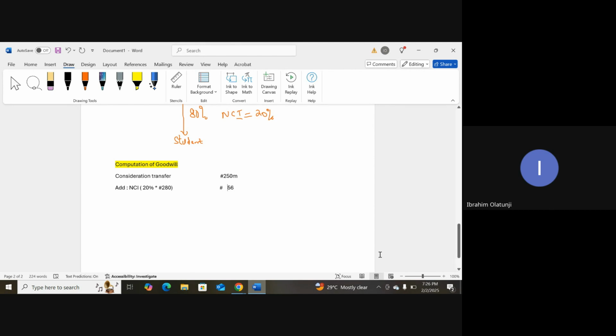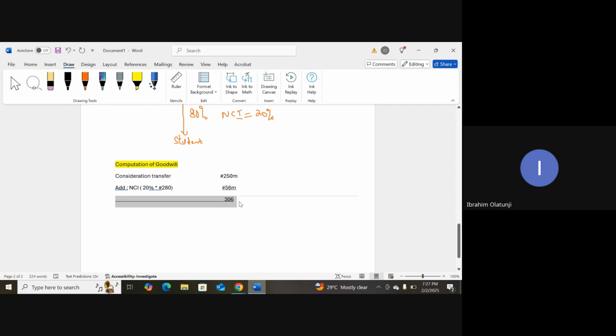Then you can now add it, because we want to add 56 million. So when you add it, what do you have? 250 plus 56 is 306 million.